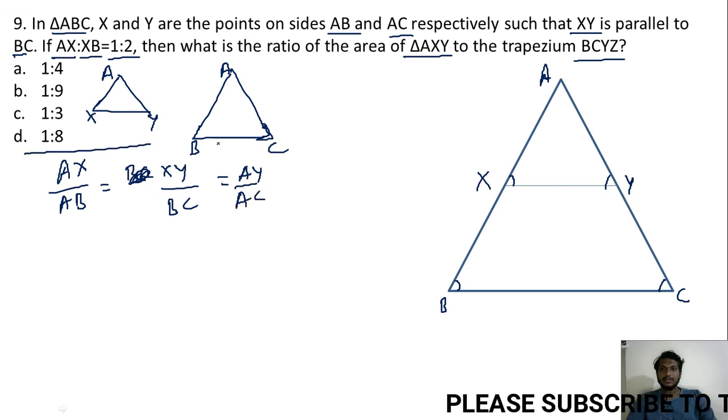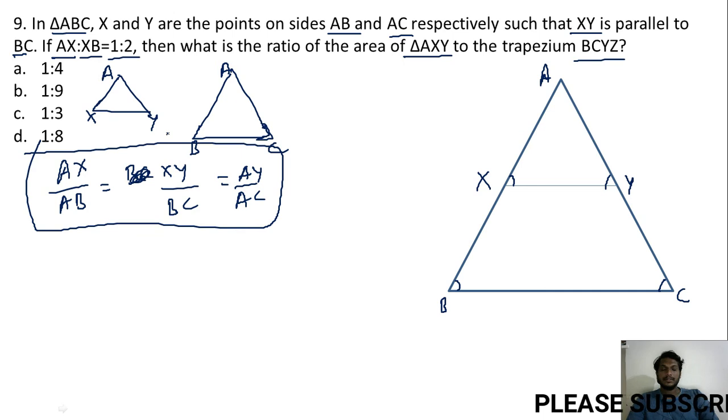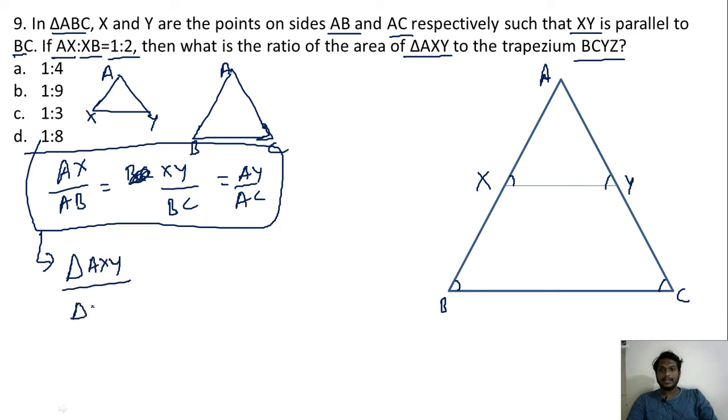This is the concept which is used, that is similarity of triangles. And now again the ratio of their areas, that is ratio of area of AXY and area of the triangle ABC, will be equal to the square of their corresponding sides. That is AX by AB whole square, or XY by BC whole square, or AY by AC whole square.